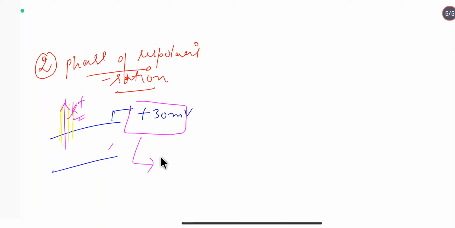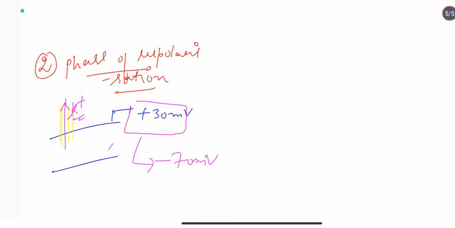Because you are removing the positive charge. I agree you added sodium and you are removing potassium, but because you are removing positive charge outside the cell, this plus 30 millivolts membrane potential will change again to minus 70 millivolts. And why does this occur? This is occurring because of movement of potassium ion outside the cell, and this is what is known as repolarization.